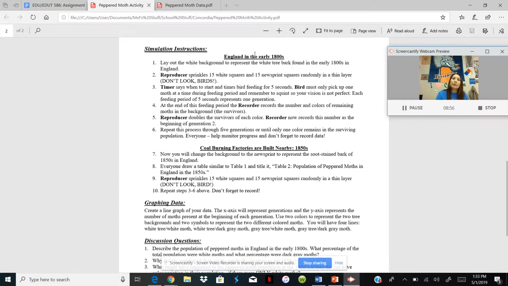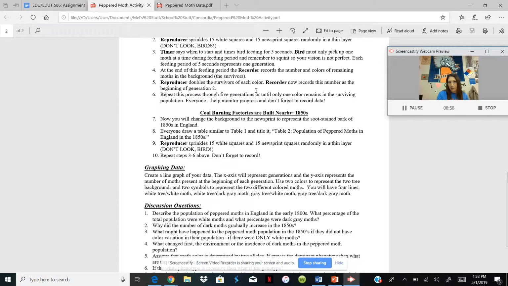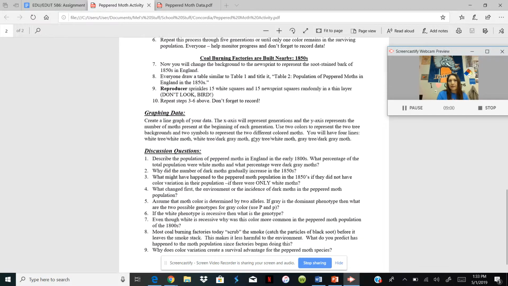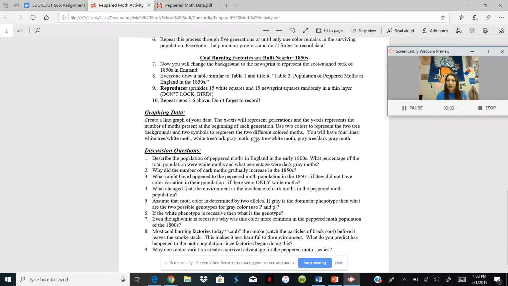You're going to then repeat this process, but now we are doing this in the 1850s when the Industrial Revolution was going on at its peak. But instead of using the white bark, we are now going to change the background to the newspaper print bark.